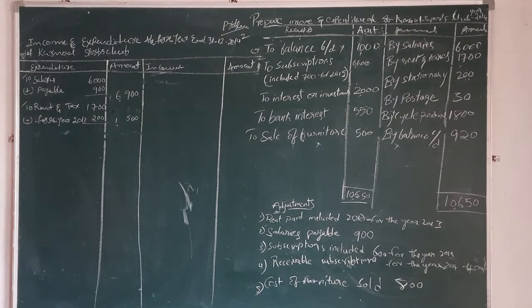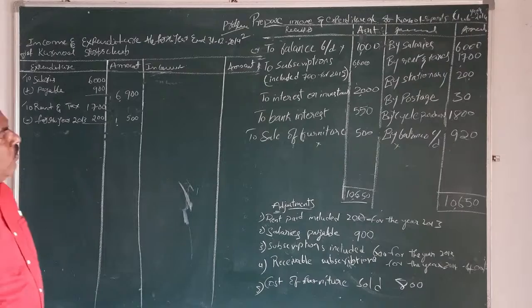Total rent and taxes for the year 2014 1,500.